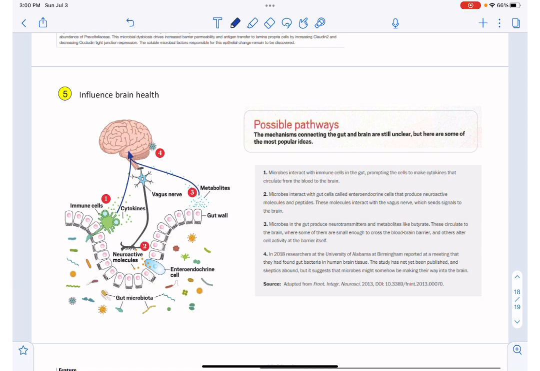In the first scenario here, number 1, it says that microbes interact with immune cells in the gut, prompting the cells to make cytokines that circulate from the blood to the brain. So the gut microbiome, let's see, this is the lumen of the large intestine out here.